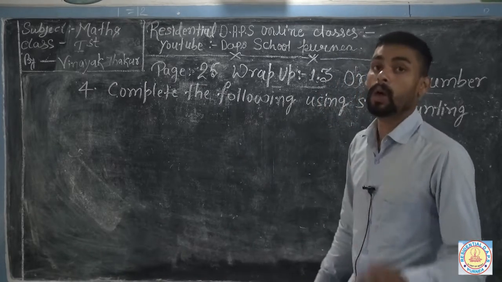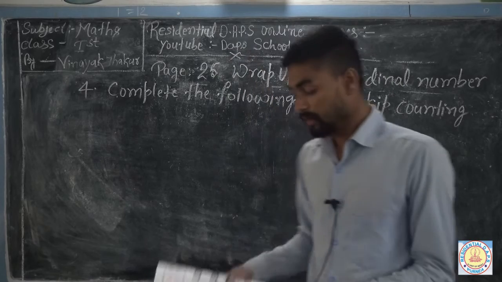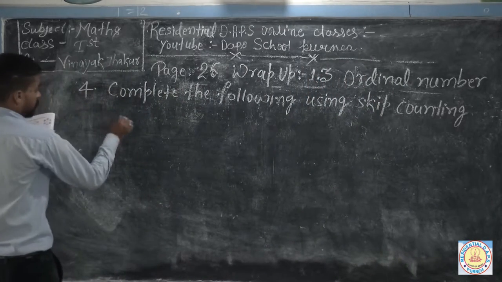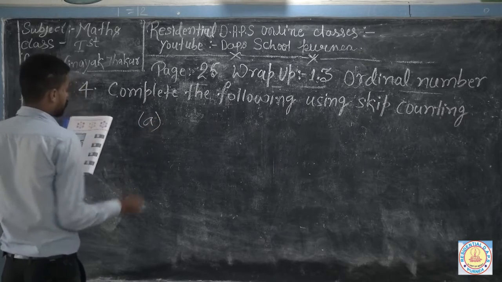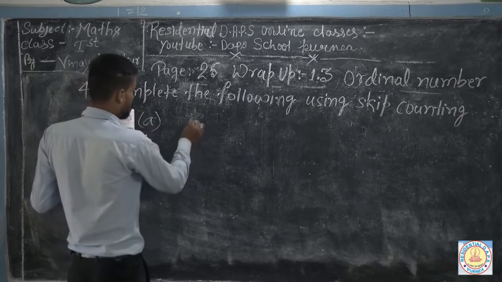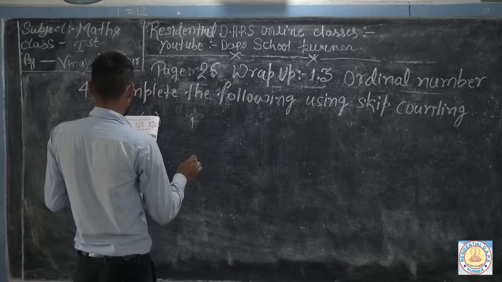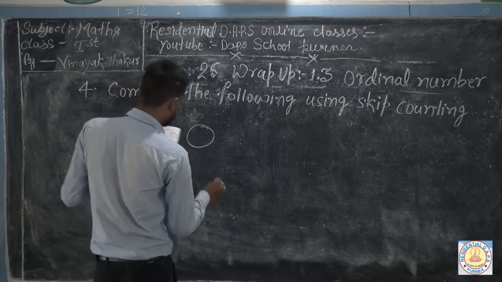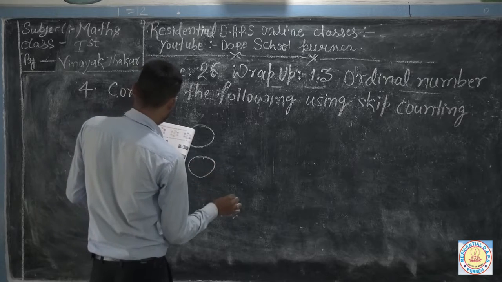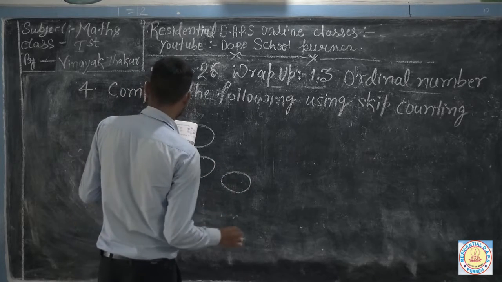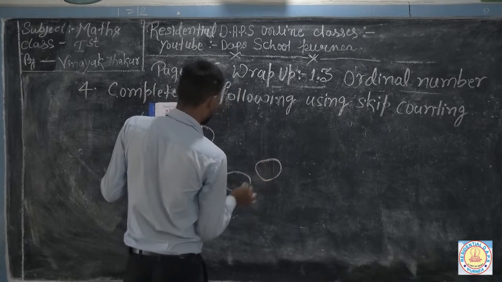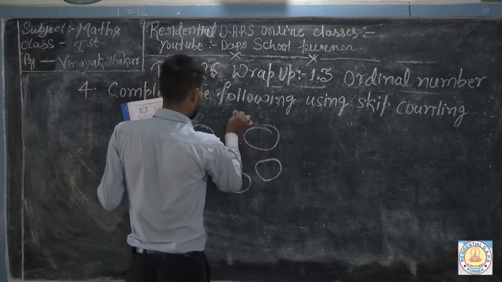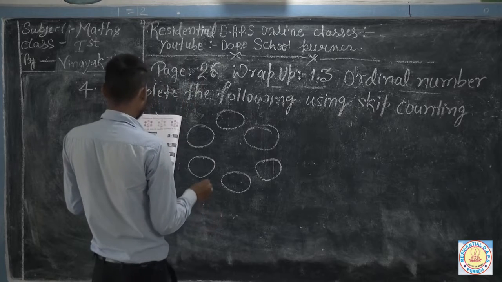You had learned what is skip counting in your previous classes. So at your question number first, some circles are given below here. This is all the circles.